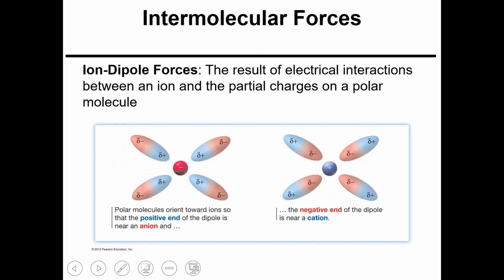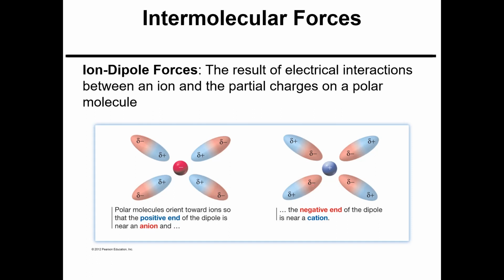So we're going to start off talking about ion dipole forces, since this is the only one that involves an ionic compound. An ion dipole force results when we have an ionic compound, and if our ionic compound is soluble, it's going to break apart into its positive ions and its negative ions.